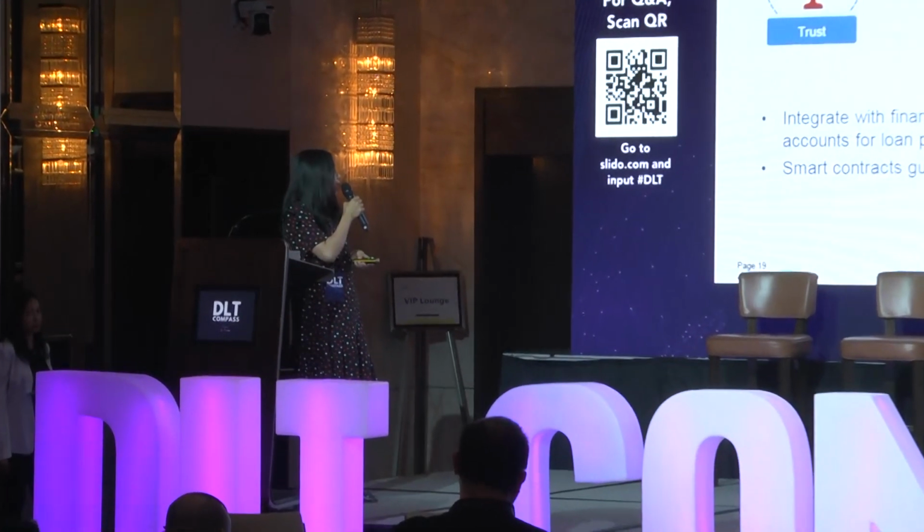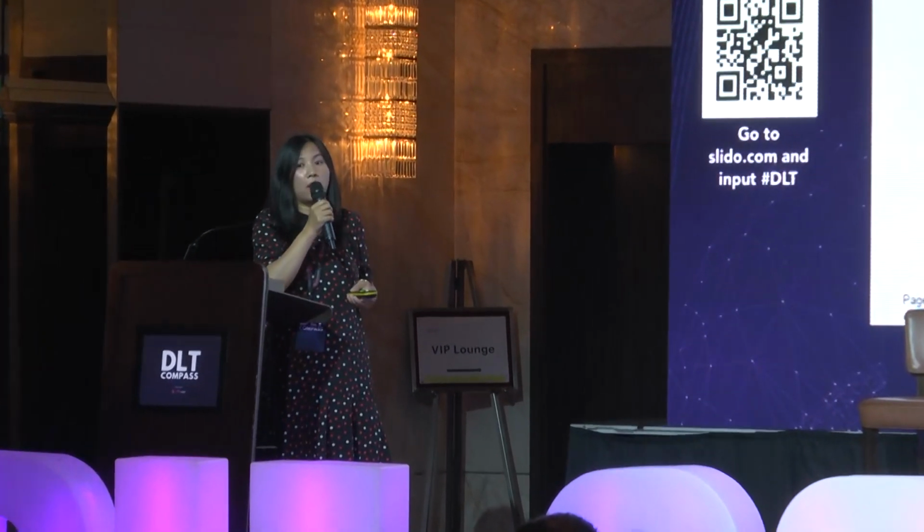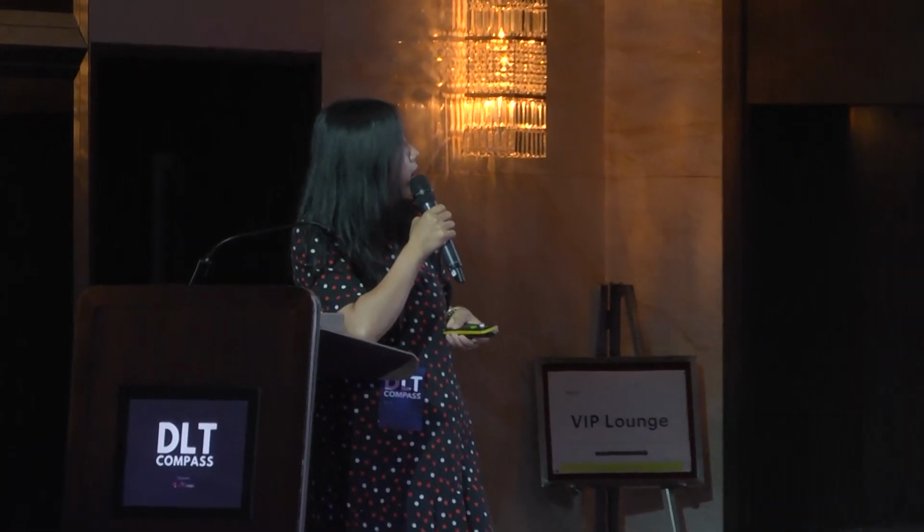By this way, we can get the payment very quickly in the whole system. So this is how blockchain helps to reduce the risk and improve trust management in the SCF solutions. Okay, this is my part. Thanks.